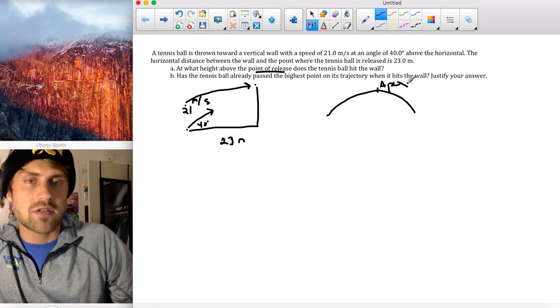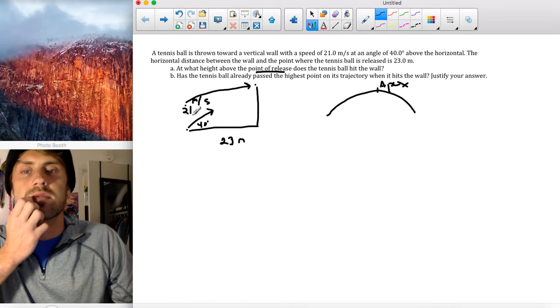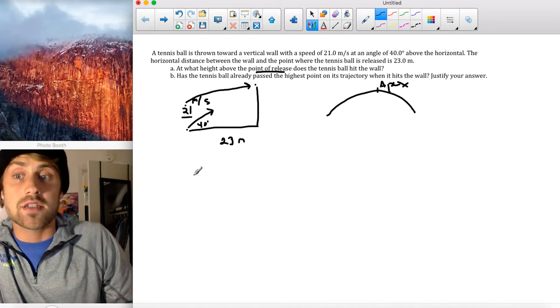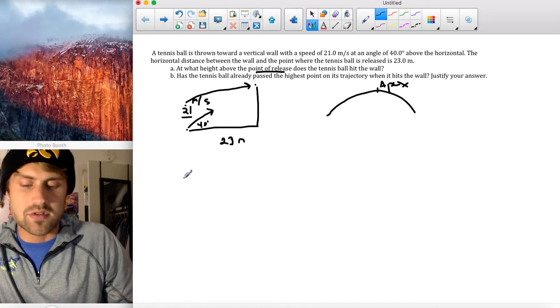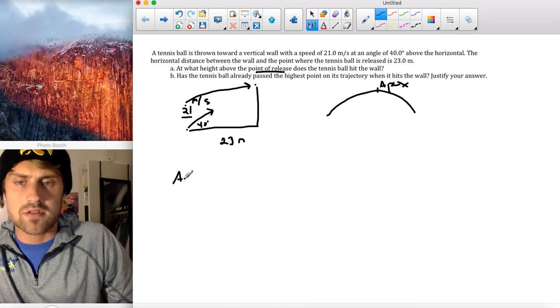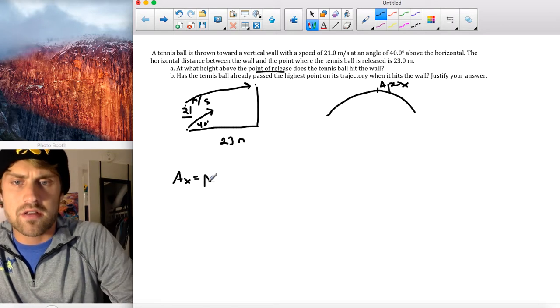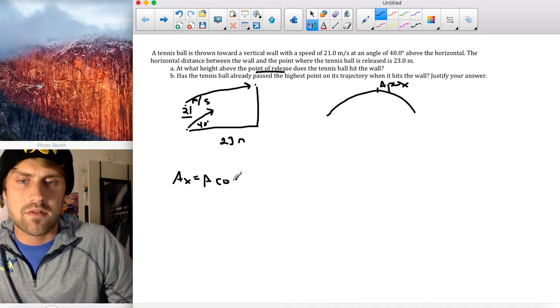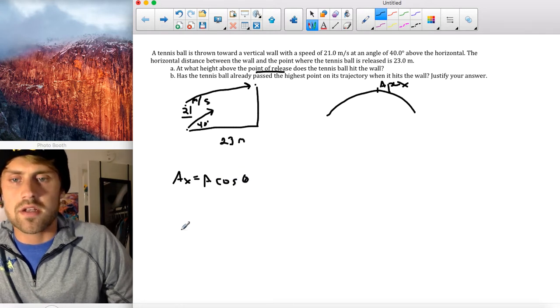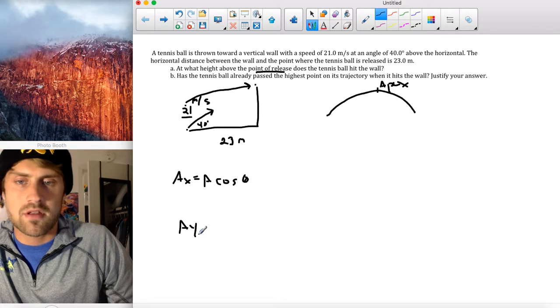So the first thing we need to do is split this 21 into our x and y components, and we'll do that using our a_x is equal to a cosine theta, and our a_y is equal to a sine theta.